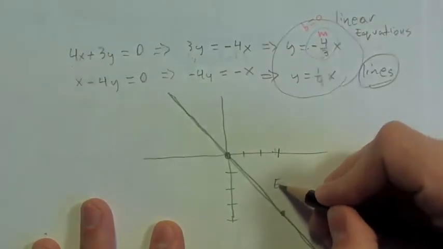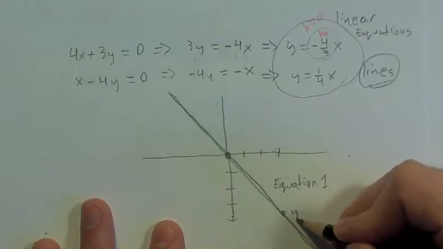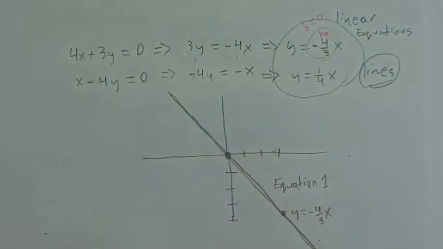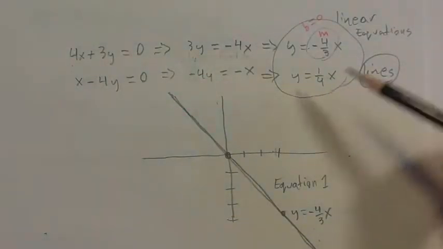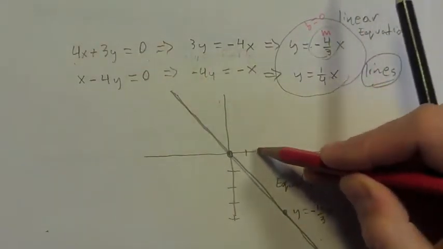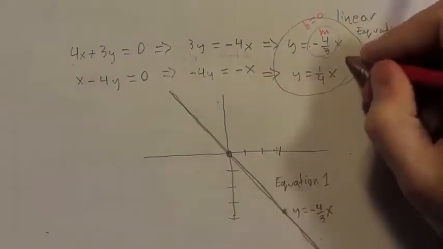So that's what our first equation looks like. Here's equation 1, y equals -4/3 x. My second equation has a positive slope. Its slope is 1/4, so as it goes out 4, it goes up 1, and it also has a y-intercept of 0.